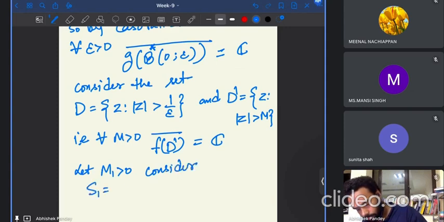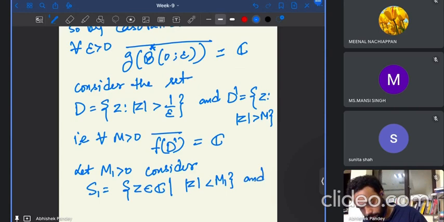S1 is the set of z in C such that mod z is less than M1, and S2 is the set of z in C such that mod z is greater than M1.